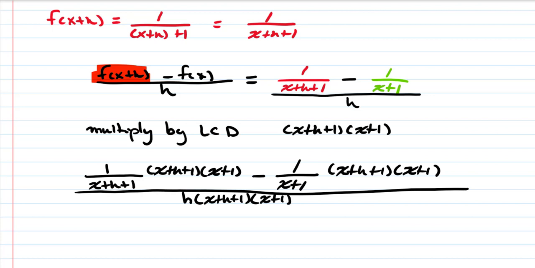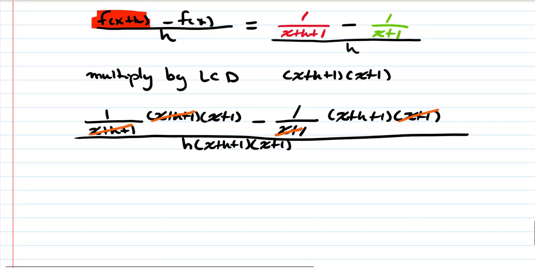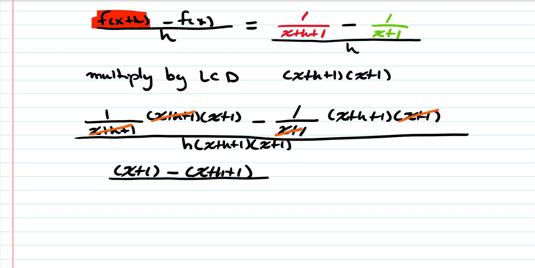When we do this, all of the compound fractions should reduce out. And that leaves us with x plus 1 minus x plus h plus 1 all divided by h times x plus h plus 1 times x plus 1.